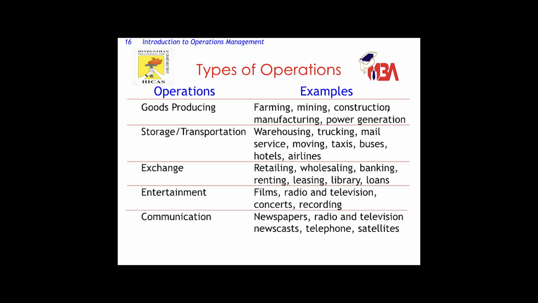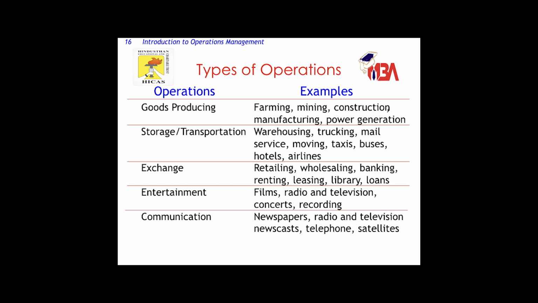Now let us look at different types of operations with examples. The types of operations which we are looking at are goods producing facility, storage or transport facility, exchange activity, entertainment operation, communication operation. See, all these five are operations.